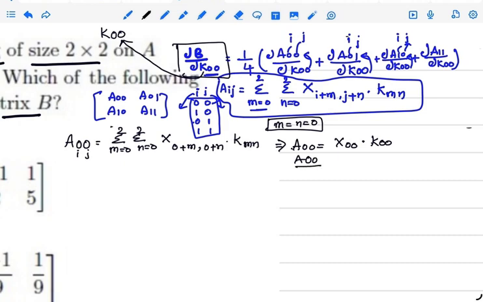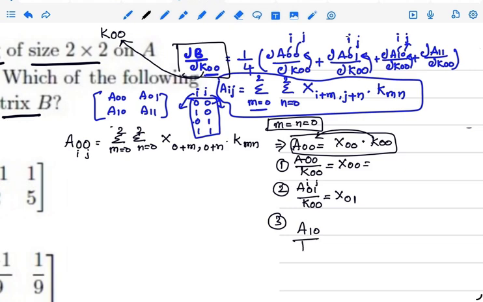That implies A0,0 equals x 0,0 times k 0,0, so A0,0 by k 0,0 equals x 0,0. In the same way, A0,1 by k 0,0 equals x 0,1, and A1,0 by k 0,0 equals x 1,0. Why only k 0,0? In this question they are asking for the differentiation with respect to k 0,0, that is dou L by dou k 0,0. And the fourth one, A1,1 by k 0,0 equals x 1,1.